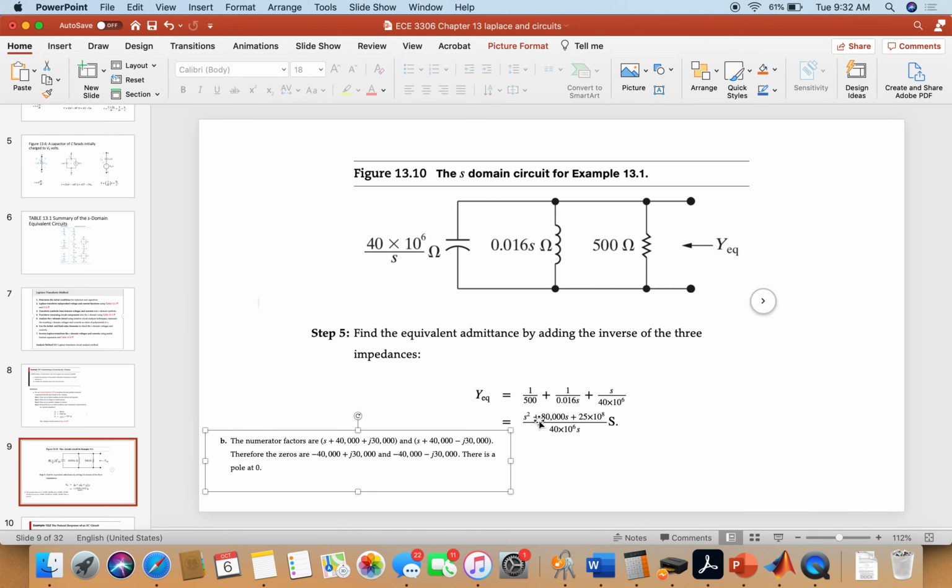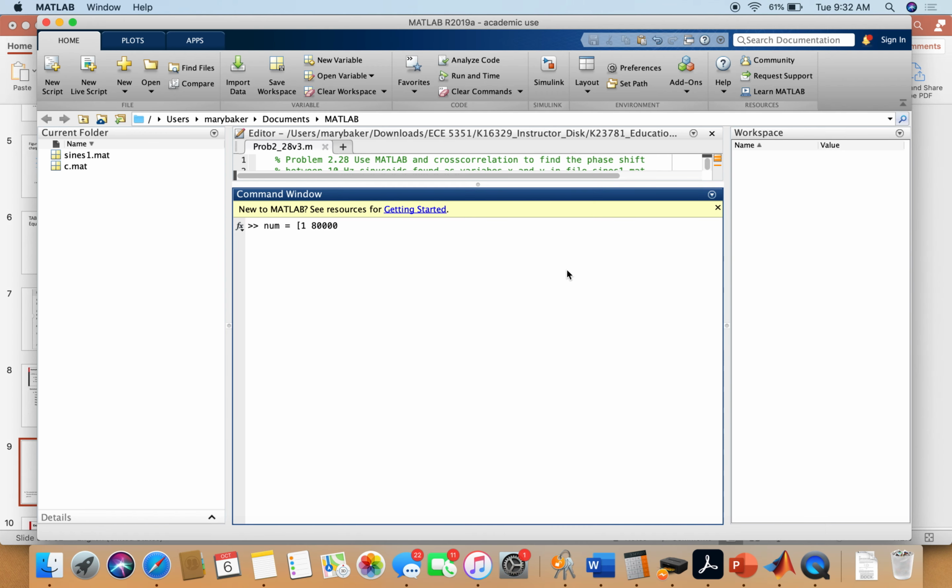Yes, 80,000. So I'm entering coefficients of this polynomial in descending order. Now I have a term for every order. I have an s squared, an s, and a constant. If you're missing a term, you have to put in a 0. So we're not missing a term though. And then I have 25 times 10 to the 8th.